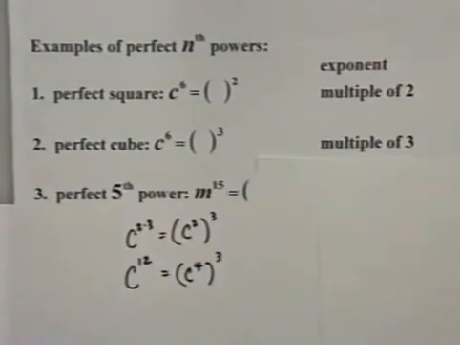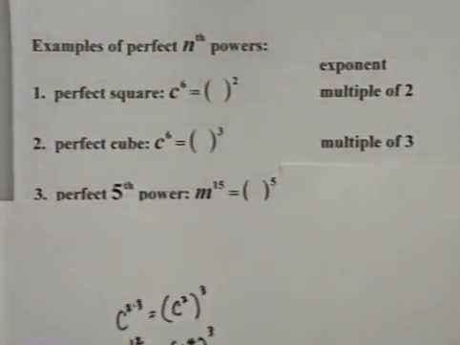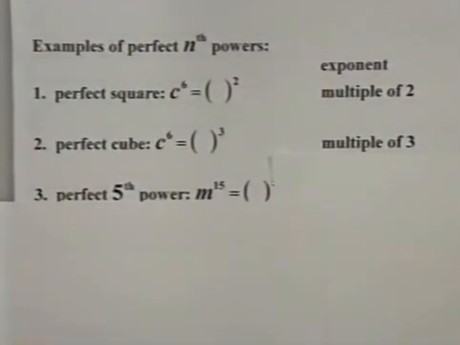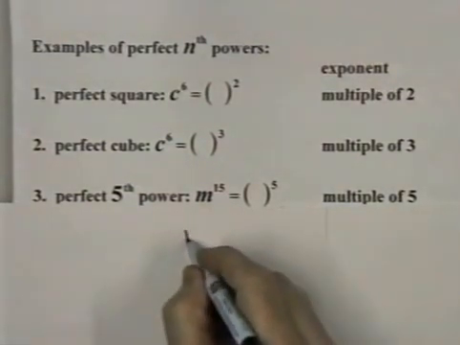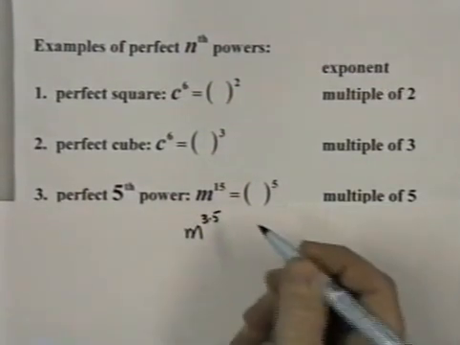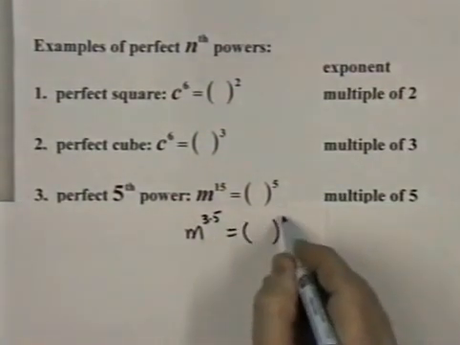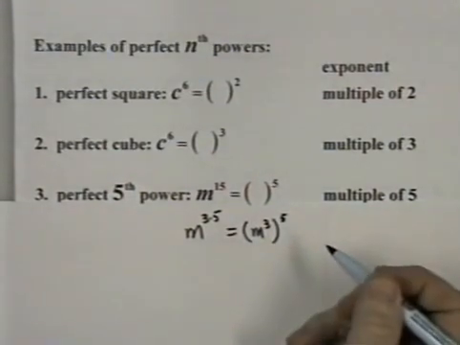What do we got next here? Perfect fifth power. Is m to the 15th a perfect fifth power? Sure. Because 15 is a multiple of 5. That is, I can write 15 as 3 times 5, which means that's the fifth power of m cubed.